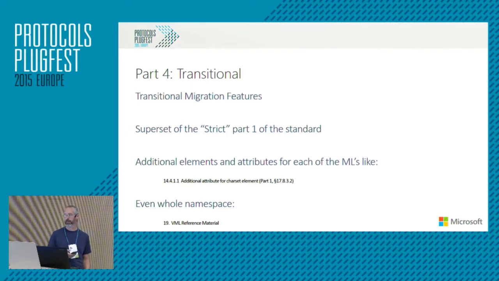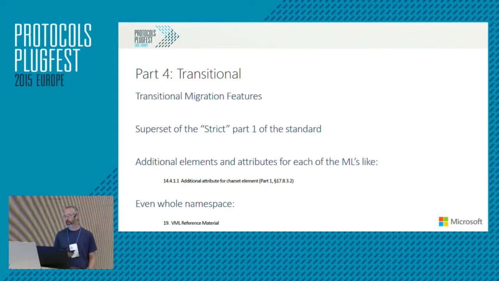And then, as I had mentioned, the transitional markup language, that's in part 4. This is a superset of the strict markup language, and it does contain some elements that were intended to be sort of backward compatible with older versions of Microsoft Office, to allow the Microsoft Office versions to come up to the strict standard.